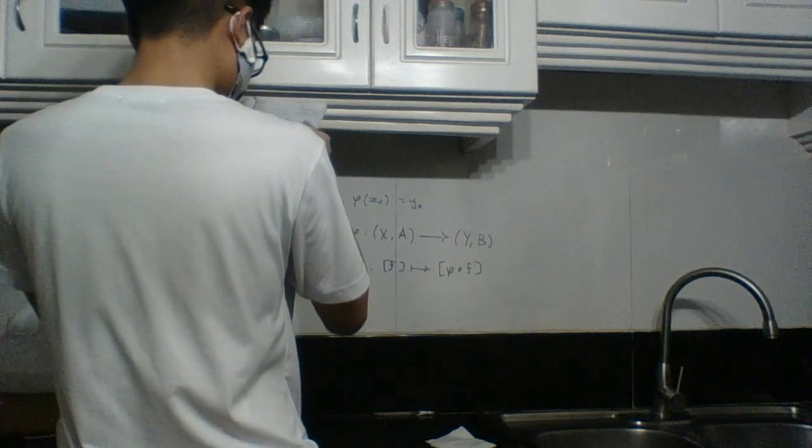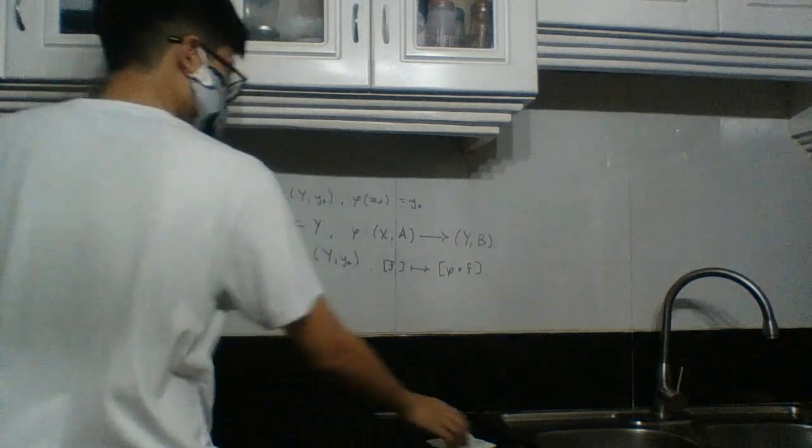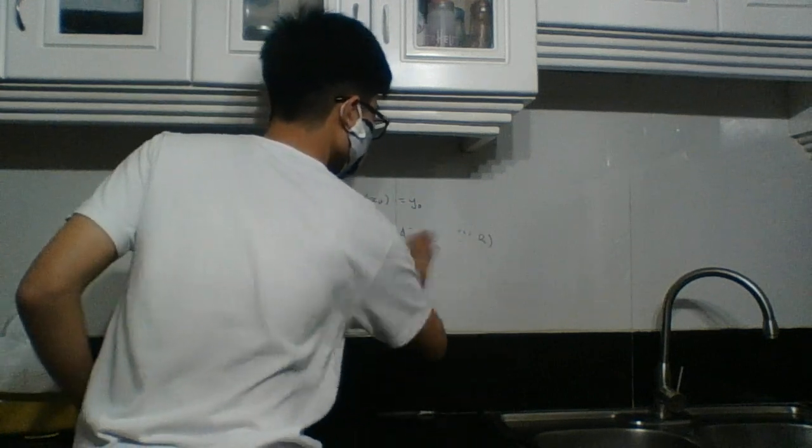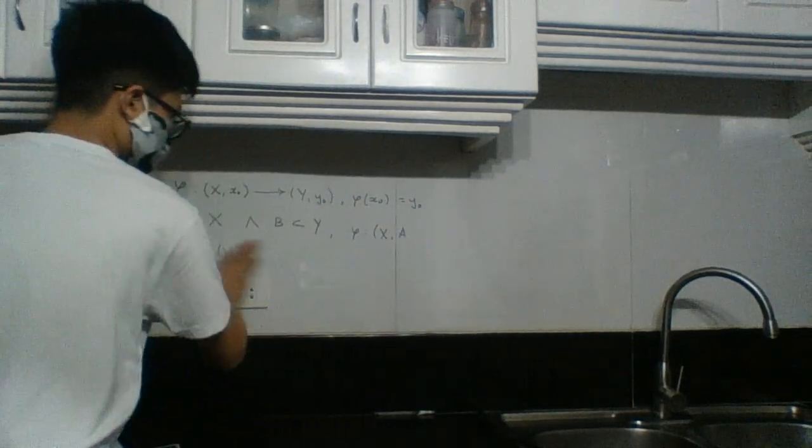Given some f and g inside here, so we have two new maps, two new curves, or two new loops, I believe.